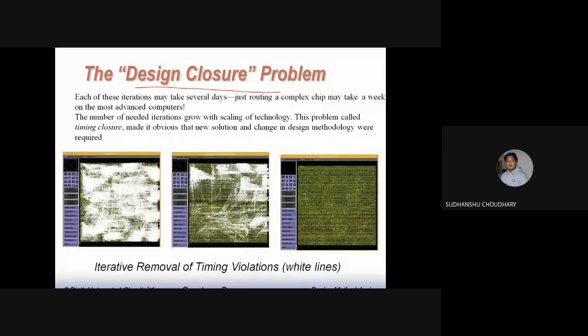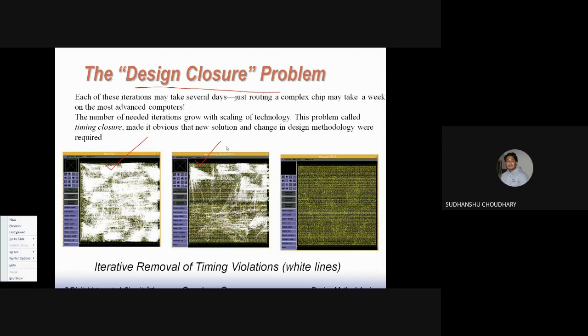So let us say in the first iteration, I have these many timing violations. These white spots represent timing violations. And in the second iteration, the timing violations are somewhat removed. So you will see that in this picture, white spots have been reduced. White spots represent timing violations here.